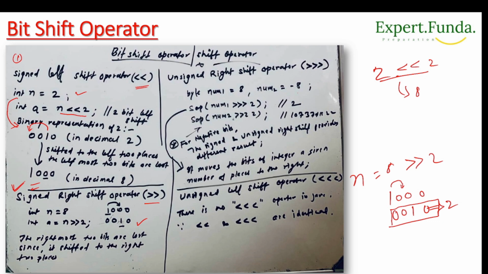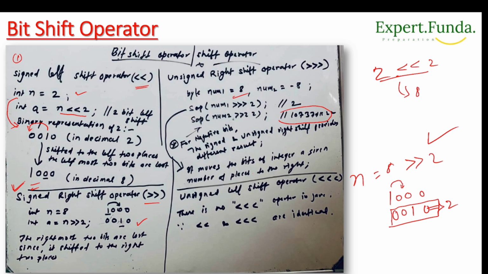In unsigned, what is happening: if we have 8 and -8, in the case of negative numbers, the signed or unsigned right shift provides different results. You cannot expect that the value will become exactly what you want. But if you have positive numbers like this, then you will get the shift that we have already seen. Otherwise, if it is a negative number, it will give an unwanted result that you don't expect.